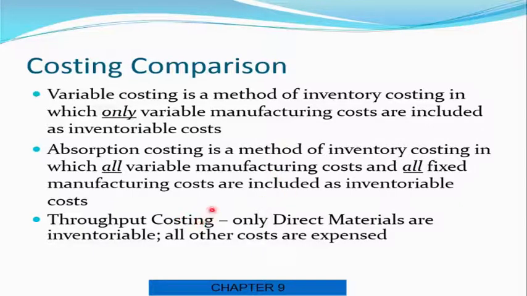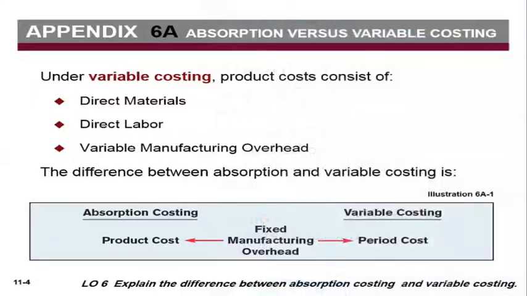Throughput costing, as we said, is less common, and here only direct materials are inventoriable. Direct materials are product costs in throughput costing, but the other costs are not inventoriable.